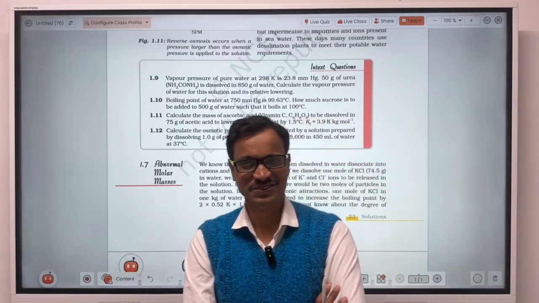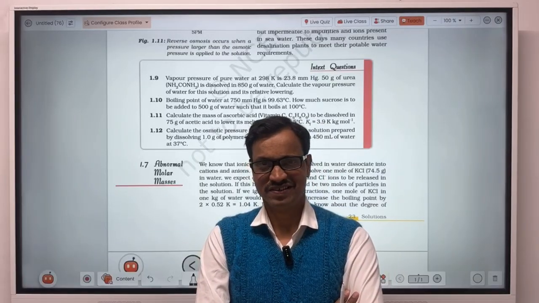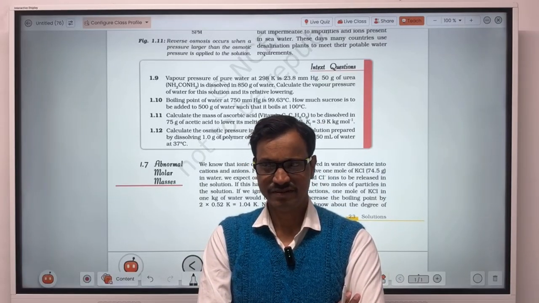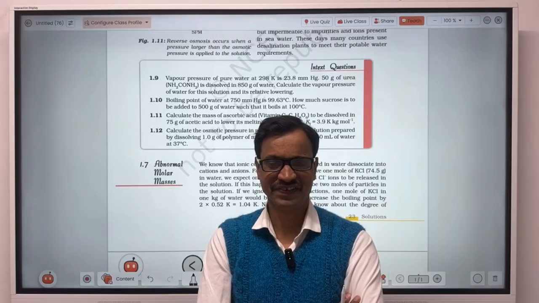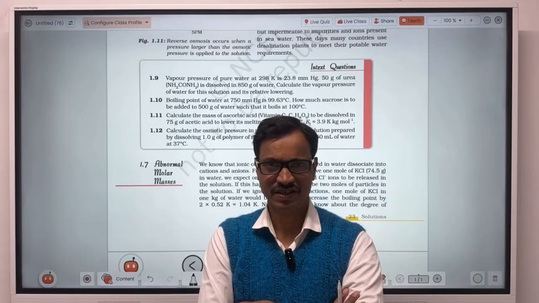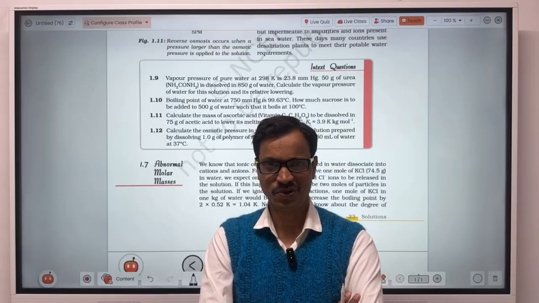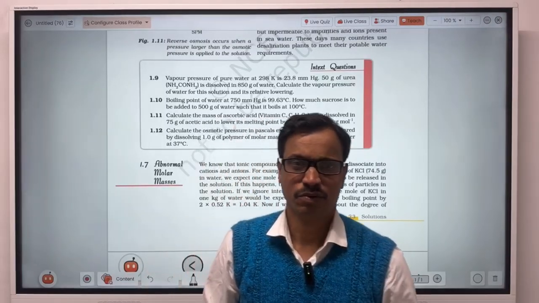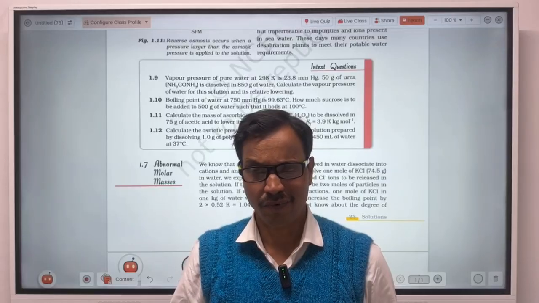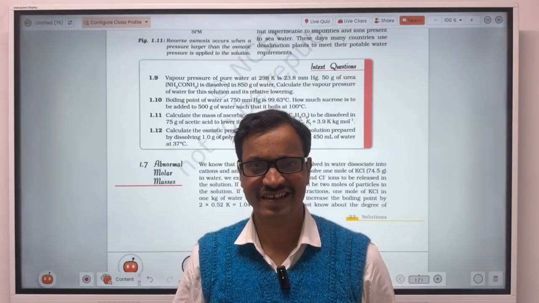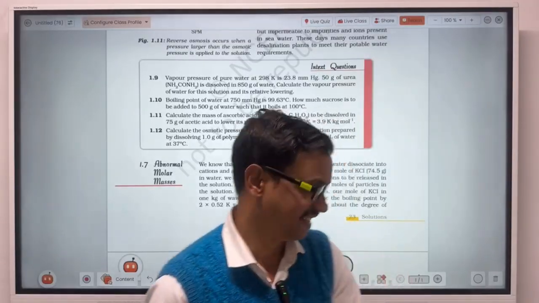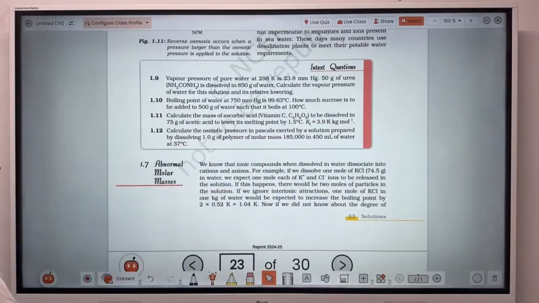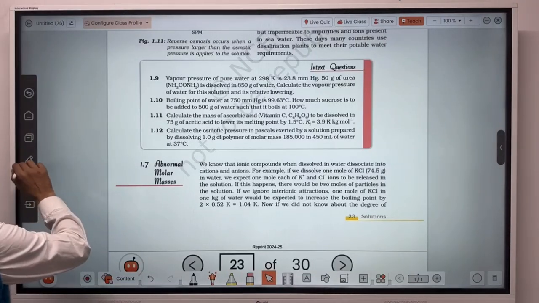I have told you that when glucose dissolves in water, there is no need to consider the van't Hoff factor, because glucose does not dissociate or associate in water. Glucose forms hydrogen bonds with water particles, and that's why glucose solubilizes in water. Let's see the abnormal molar mass and the van't Hoff factor.